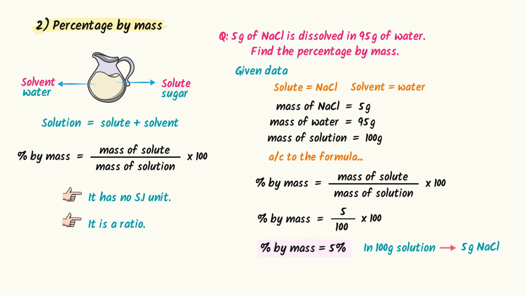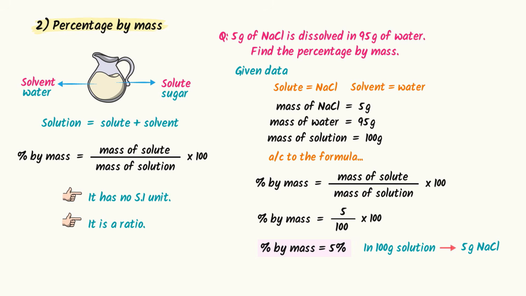Let me repeat it. It means that in 100 gram of solution, 5 gram solute or 5 gram of table salt is present. Remember that many students divide solute by the mass of the solvent. That is totally wrong. Always divide solute by the mass of the solution.